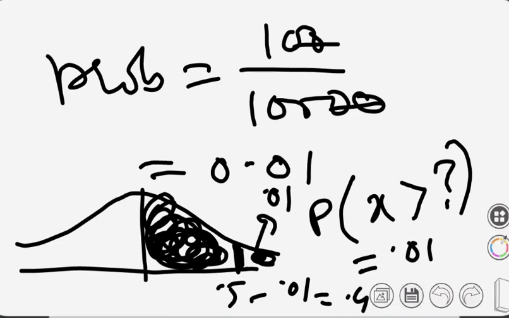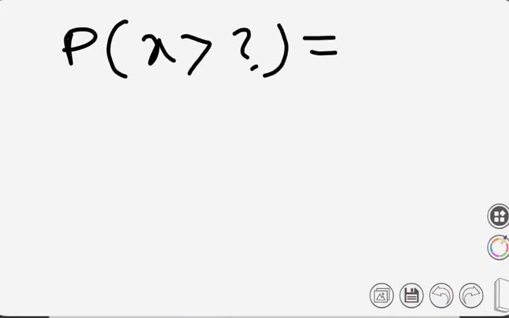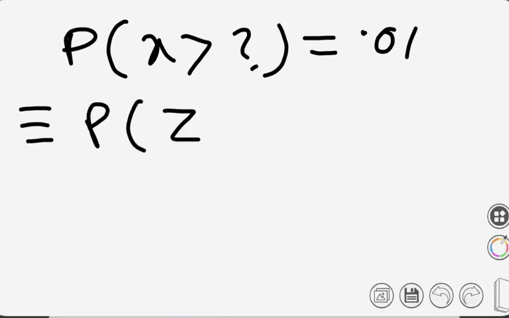So our objective is here. We can write this way. Please write: to find out probability x greater than some value which equals 0.01, which is same as finding probability z greater than some value.